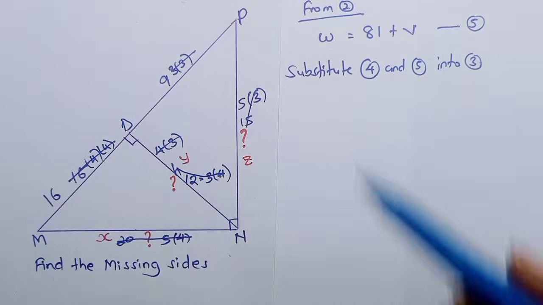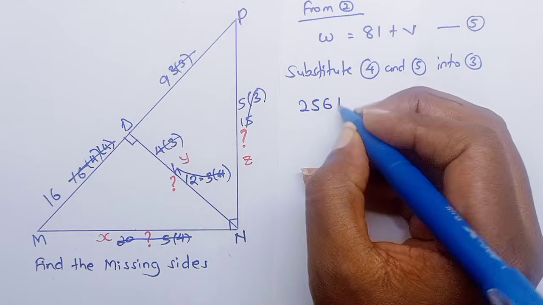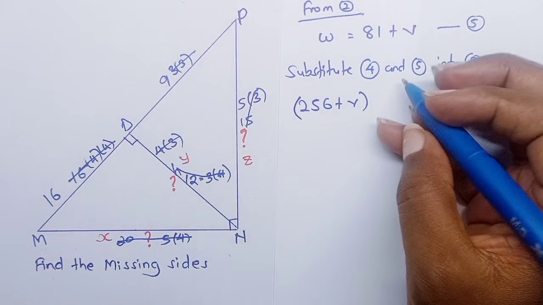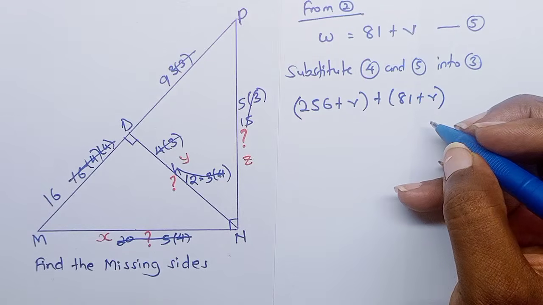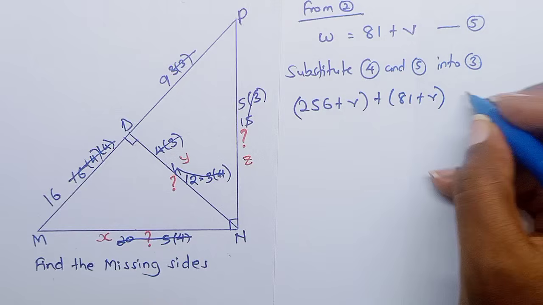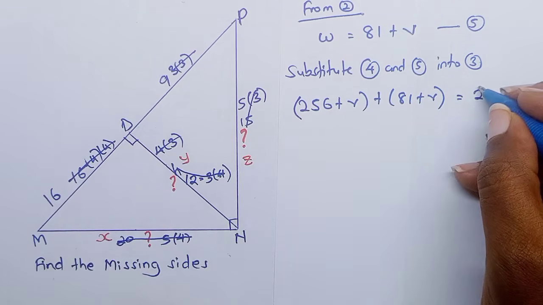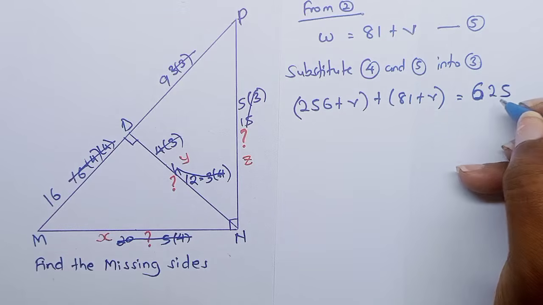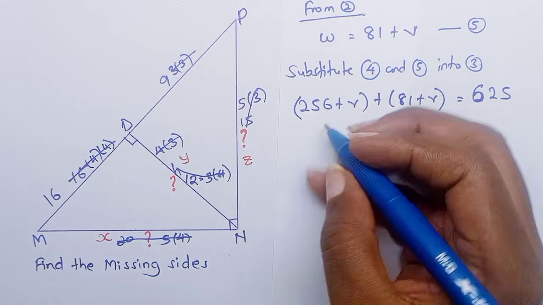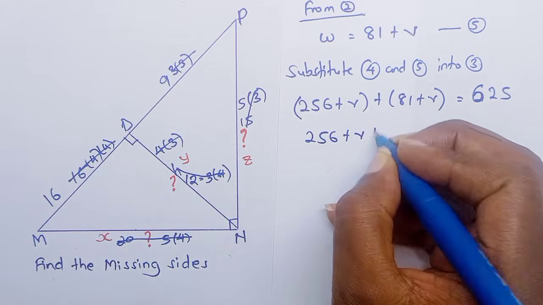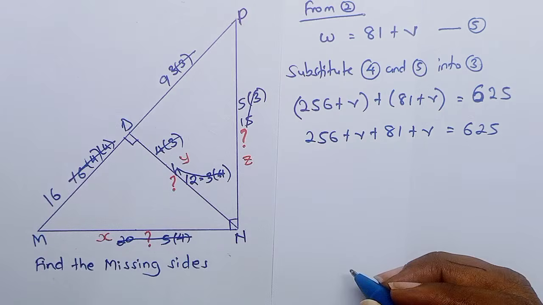So we shall have u plus w, which will become 256 plus v for u, then plus 81 plus v for w. This is equal to 625. Okay, so this becomes 256 plus v plus 81 plus v is equal to 625.